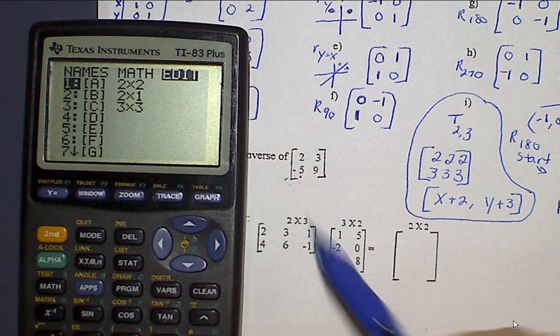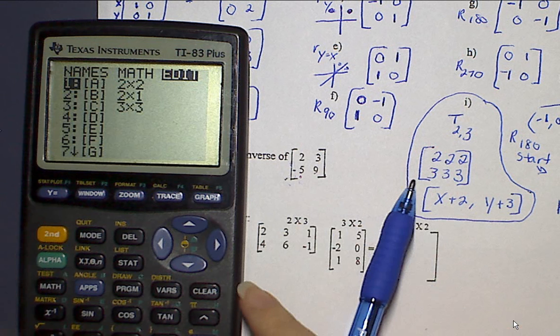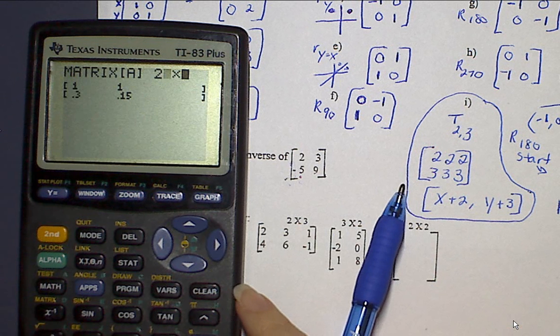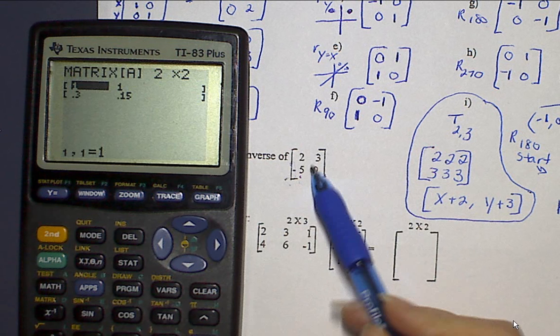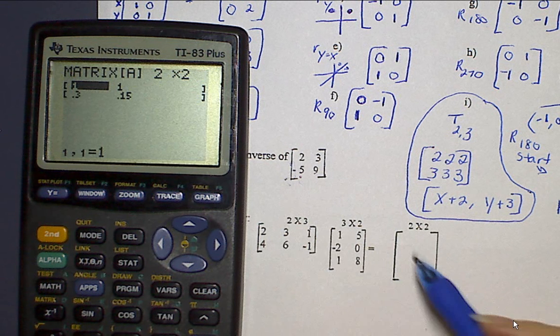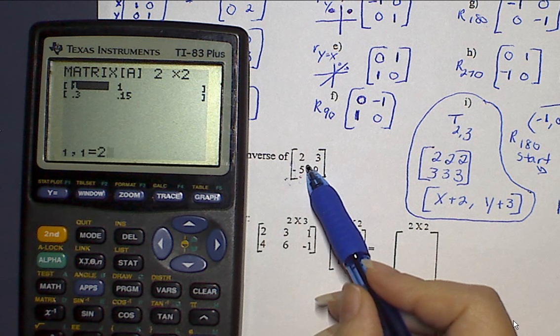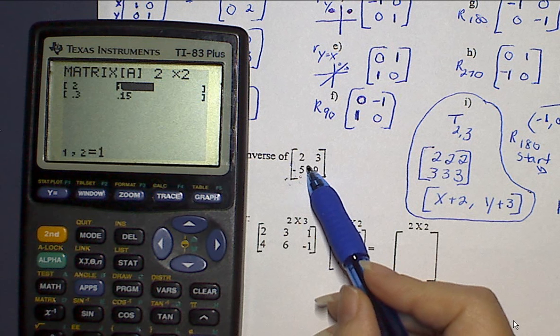So I'm going to edit my first one, and if you didn't have any in it, you'd simply put a 2 by 2, and then now we can enter the points. See how this first one right here is highlighted? So that's my 2, and then you push enter, and then it goes to the next point. So then you go 3.